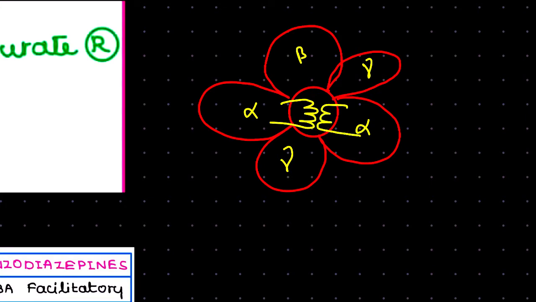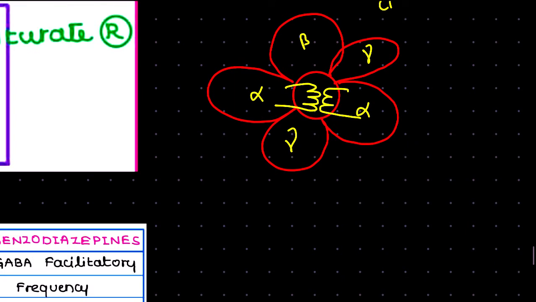It is closed means chloride ion is not able to pass through this lumen. Now there is a receptor between our alpha and gamma subunits, and this receptor is our GABA A receptor.